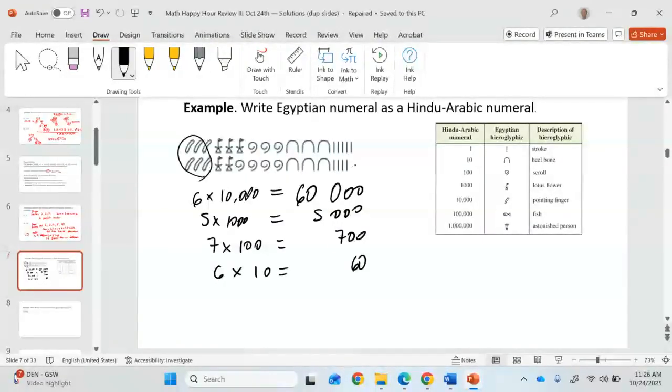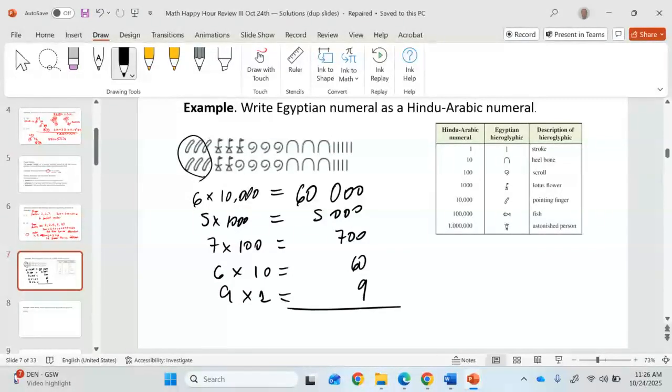And finally, I'm going to count how many of the vertical strokes, and this is actually 9. So it's going to be 9 times 1. They have the value of 1, so it's just 9. Now I gotta add all of these numbers. One of the nice things about the Egyptians is that they also have base 10, because all of these are powers of 10.